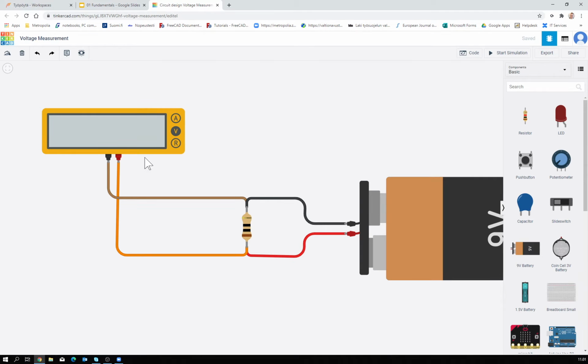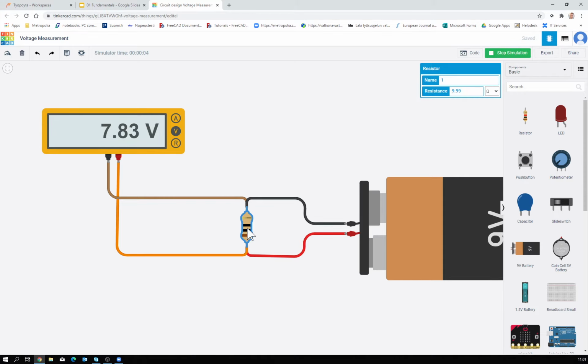In a simple system, starting the simulation when the resistor is 9.99 ohms, we have 7.83 volts. But if this one was, say, megaohms, now we have the full 9 volts there.